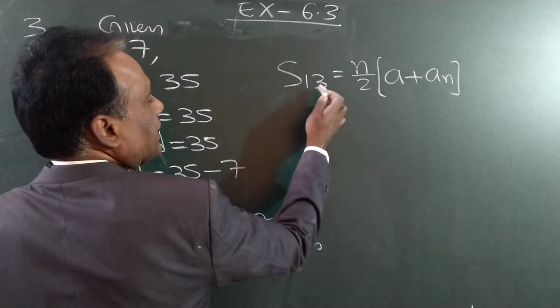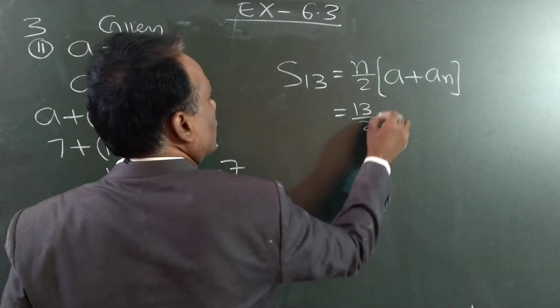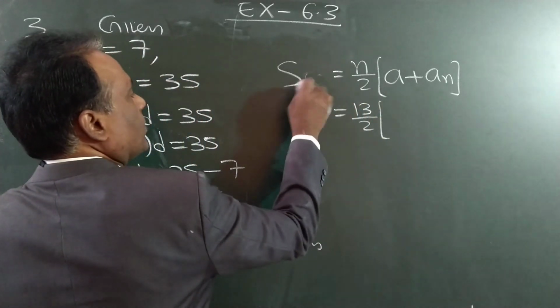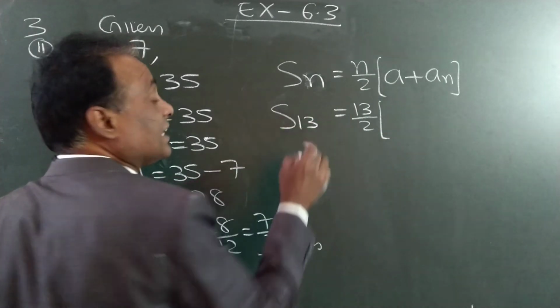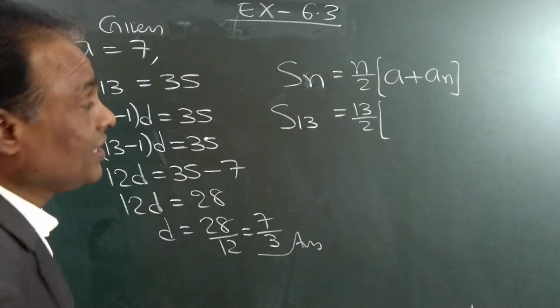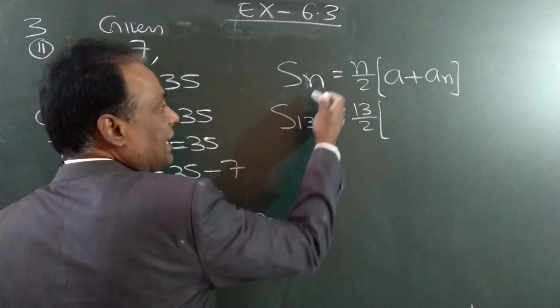See, this is the formula for the sum of n terms, but the question asks for the sum of 13 terms, S13. When S13 is asked, automatically n is 13.